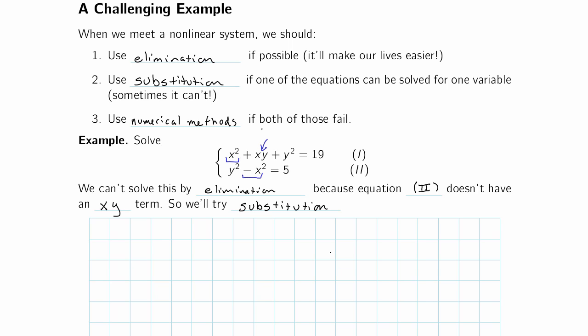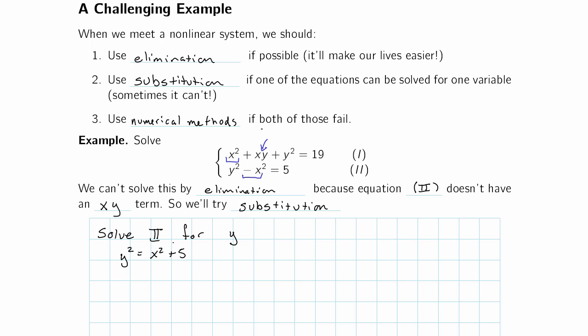Substitution also has a disadvantage here, though. Notice that both of my equations have both of the variables squared in them. I'm going to choose 2 because it's easier to work with, and I'm going to try to solve that for y. Watch what happens. I'll add negative x squared to both sides, and I get y squared equals x squared plus 5.